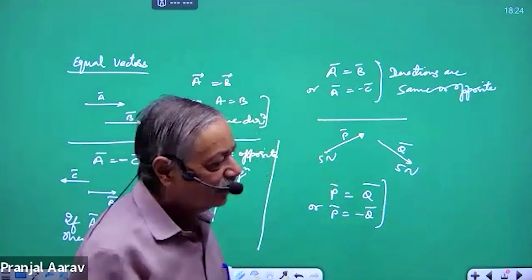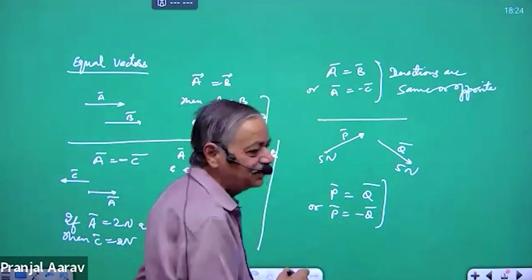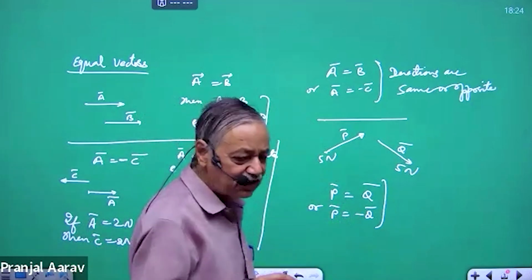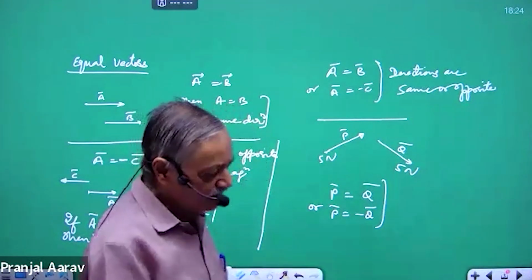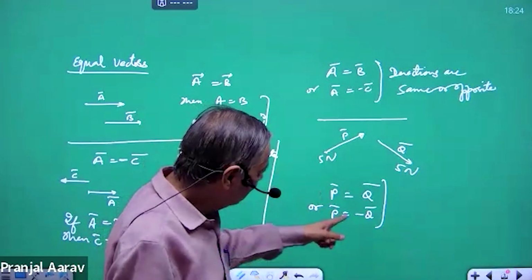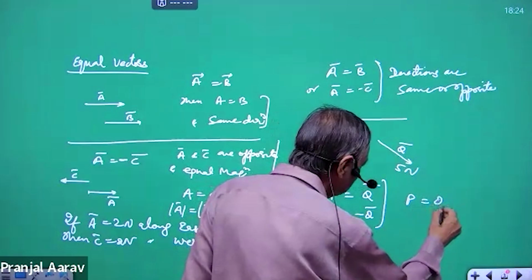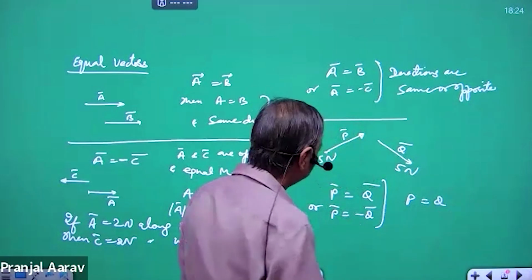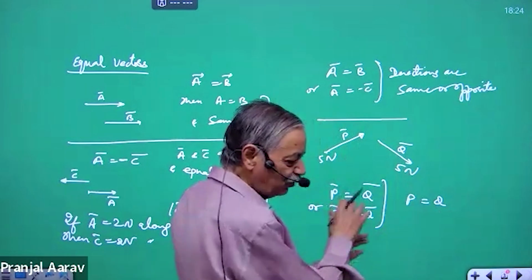Cannot write, because whenever I give this equal sign, it immediately means that either the direction is same or the direction is opposite. So here I can only say the magnitude is equal. I can say nothing more.